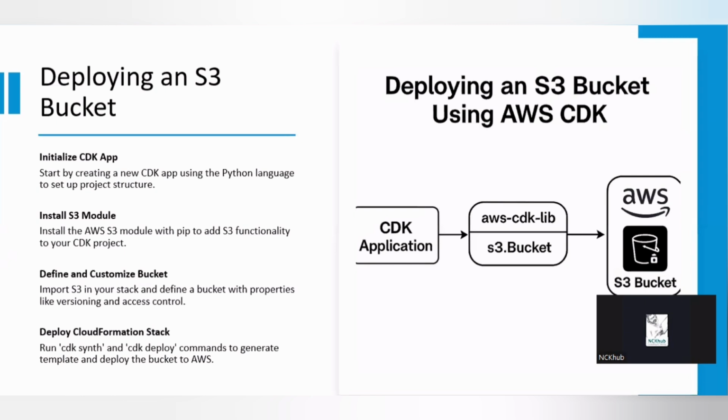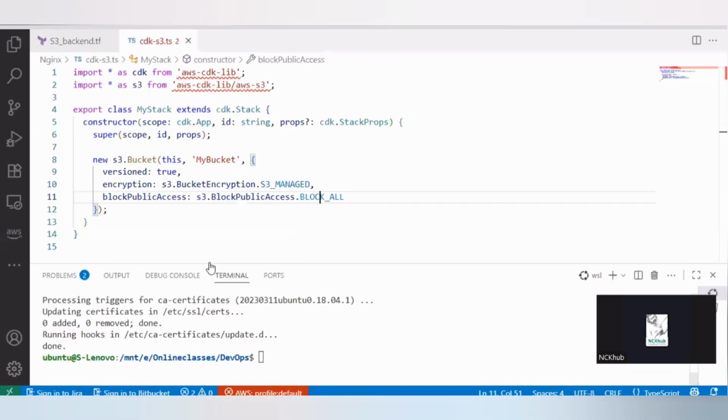Next, you have to get your stack with properties like versioning enabled, which I have shown you here. So encryption: S3 managed encryption, block public access all. Likewise, we have to create. This is TypeScript. If you want to create the same thing in Python, you can create the same code in Python as well.